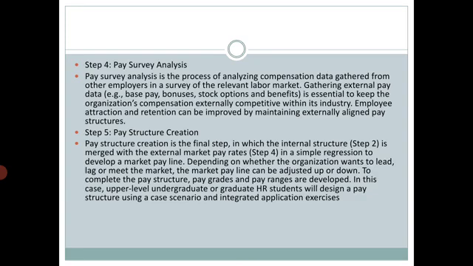Employee attraction and retention can be improved by maintaining externally aligned pay structures.